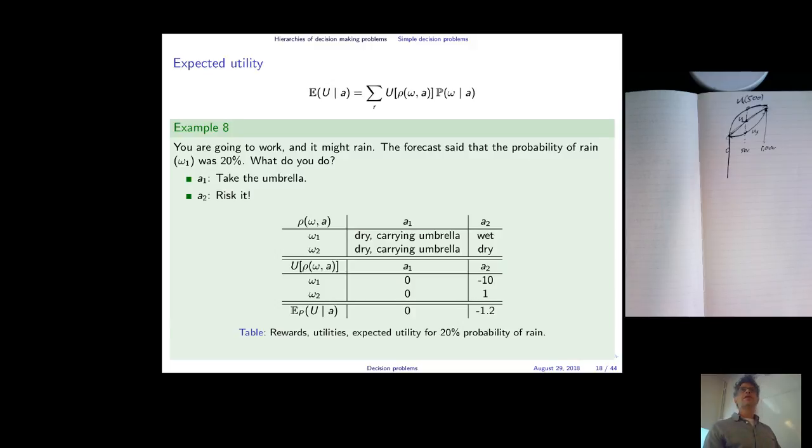So we have 0.8 minus 2, which gives us actually minus 1.2 here, so that's kind of wrong. That's fine. And if we take the umbrella, then no matter what happens, we have expected utility of 0. So that should be a very simple example. Here I just multiply this by 0.2 and this one by 0.8, and you add them, and you get this.